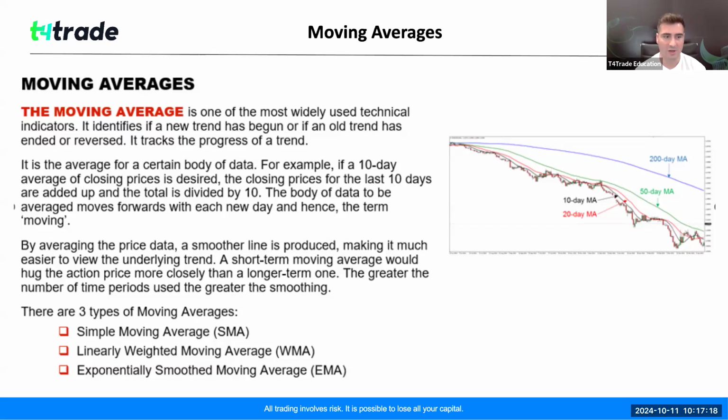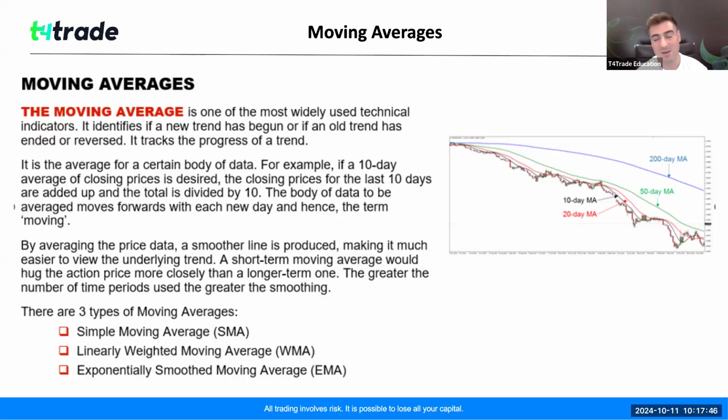A short-term moving average would hug the price action much more closely than a longer-term one, and you can see the visual illustration on the right-hand side of the slide. The 10-day moving average is the black line, much more closely fitted to the price action, obviously, because it uses a much shorter time frame compared to the 200-day moving average, which compiles information about the past 200 closing days.